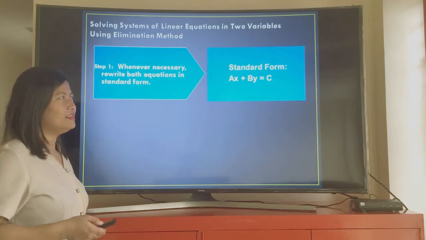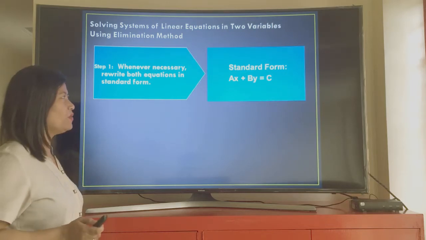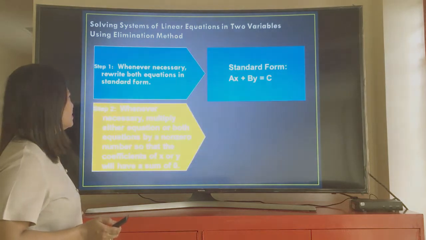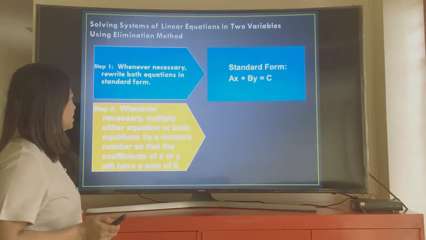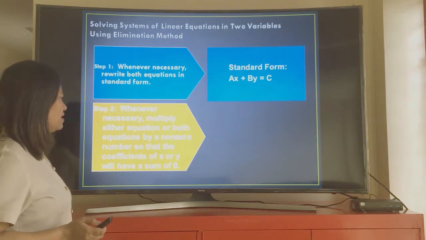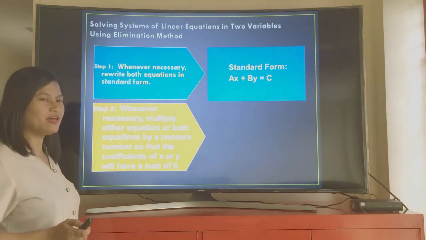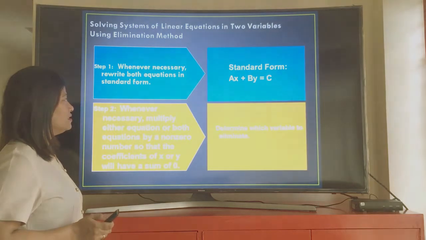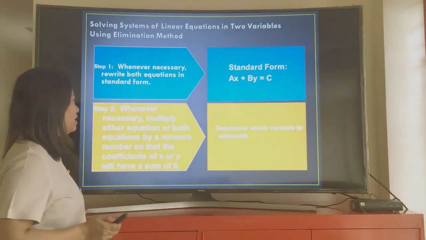Again, the standard form of a linear equation is ax plus by equals c. Step 2. Whenever necessary, multiply either equation or both equations by a non-zero number so that the coefficients of x or y will have a sum of 0. So in this step, we will determine which variable to eliminate.